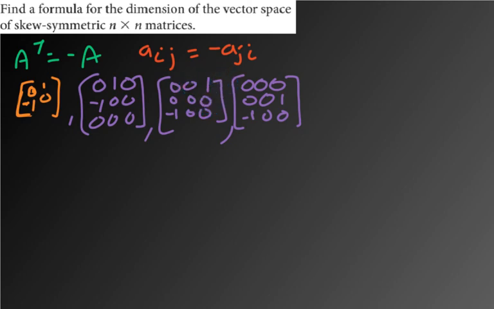The way I think about it is for 2 by 2s, you have one entry in that top corner that will dictate everything. For the next one, you've got 3 entries that will dictate things. And then for 4 by 4, you would have 1, 2, 3, 4, 5, 6 things going on.